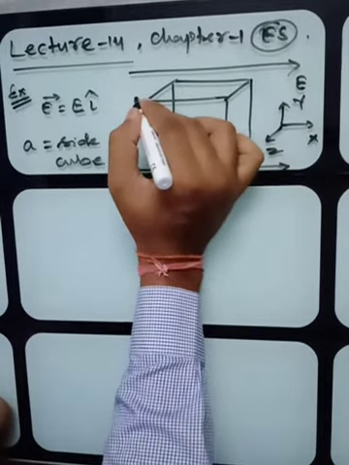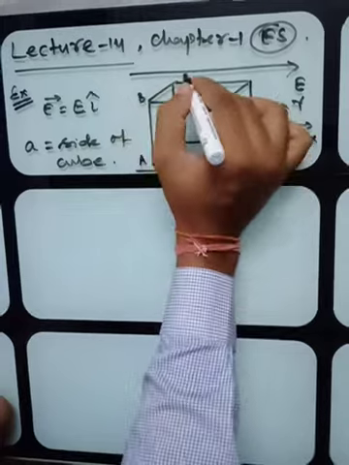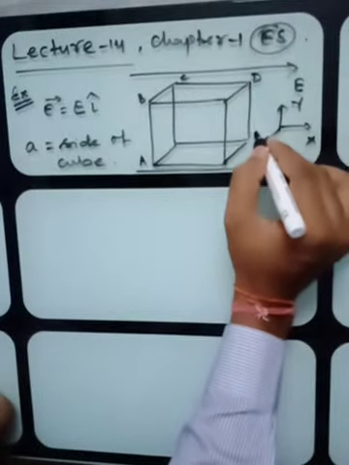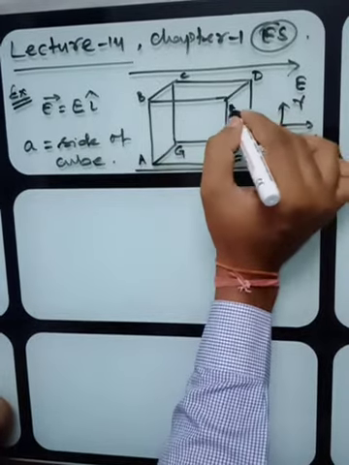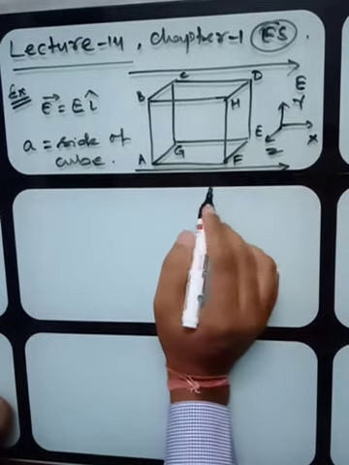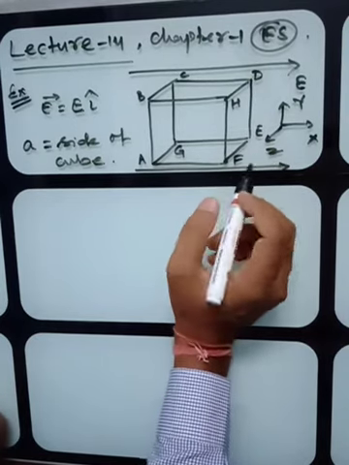If you want, you can write the names of the vertices A, B, C, D, E, F, G and then H, so that you will be comfortable representing the faces.